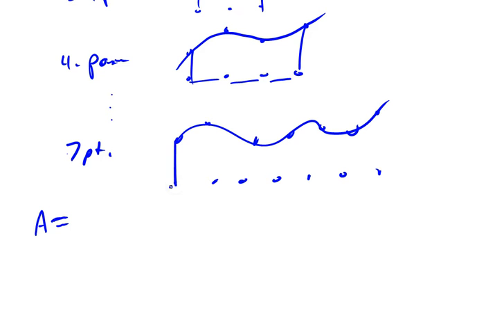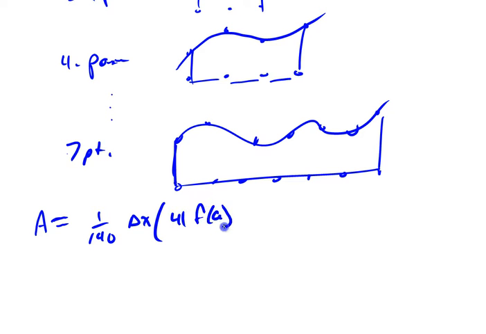the area under the 6th degree polynomial, which is an approximation of the area under the function, is given by 1 over 140 times delta x times 41 times f of a, so that's the a, then there's x1, x2, x3, x4, x5, and x6, which is b here. Let's just call it x6 because there might be more that goes on after that.